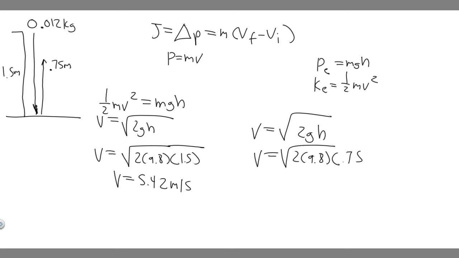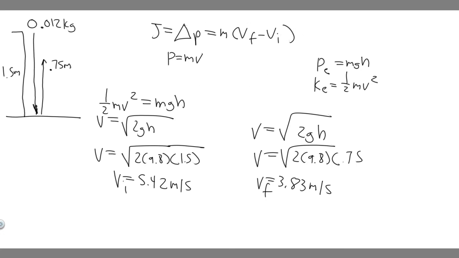Plug this in your calculator, and v is going to be equal to 3.83 meters per second. So keep in mind this was the initial, and this was the final: initial is right before it lands, final is after it lands.